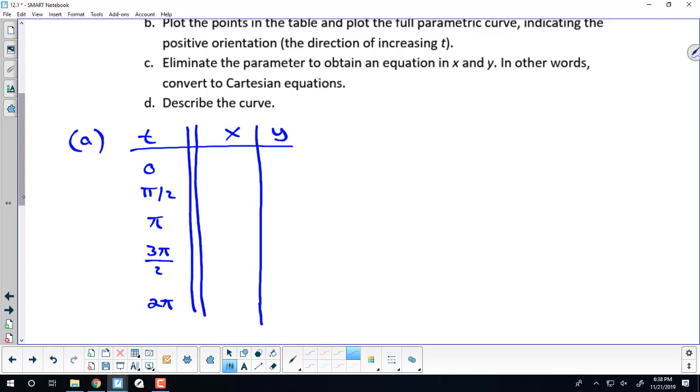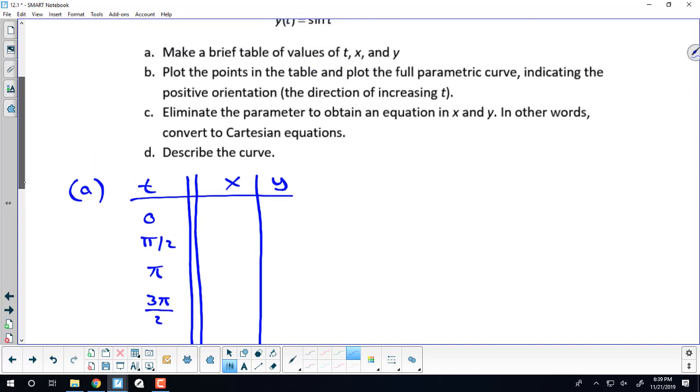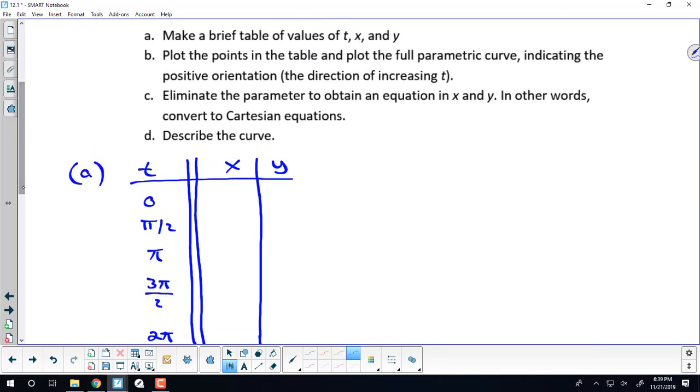So again, as t ranges from wherever to wherever, it's determining both an x coordinate and a y coordinate simultaneously. So the one input gives us two outputs. And then part B says plot the points. So we'll do that as we go.